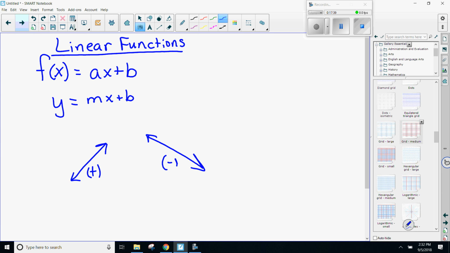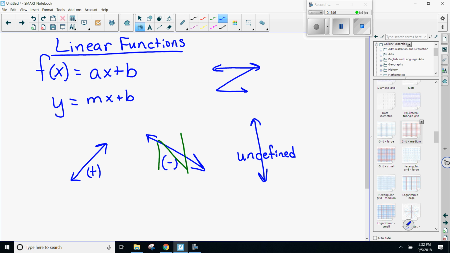And we talk about an undefined slope. That's undefined, because if you remember, we can write the word undefined out of it. This slope is what? That is a horizontal slope, which is known as a zero slope. So we would be able to recognize that information.